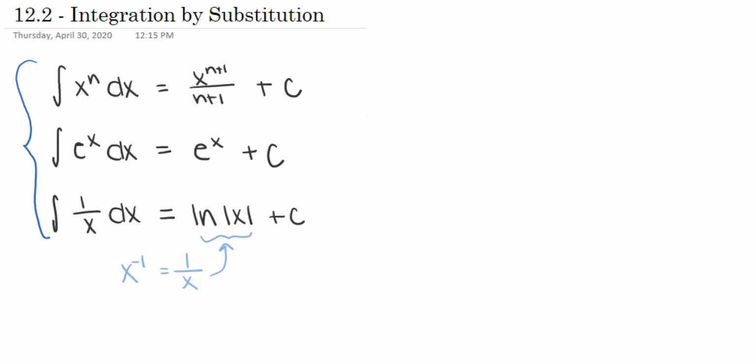And then as far as u substitution, I'm just going to call that u sub. We can rewrite any of these to be the exact same thing, but in terms of some specified u.